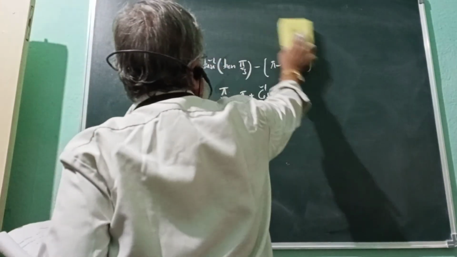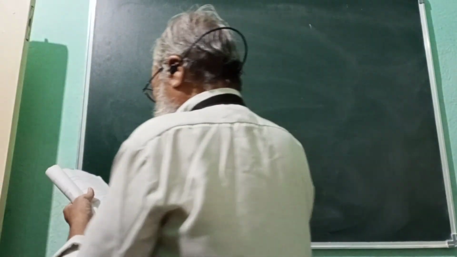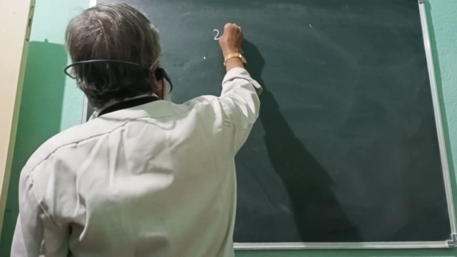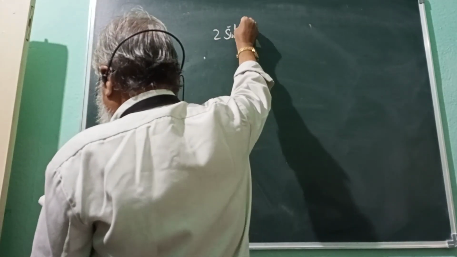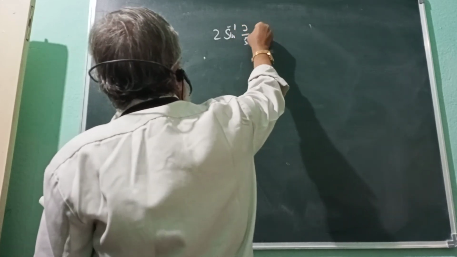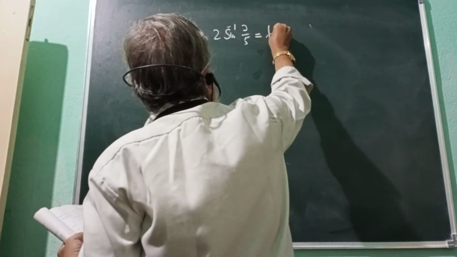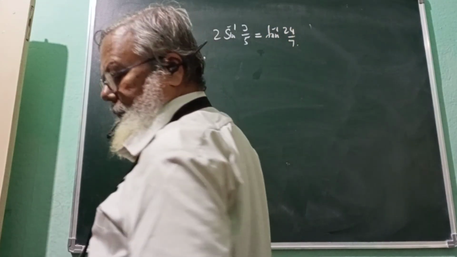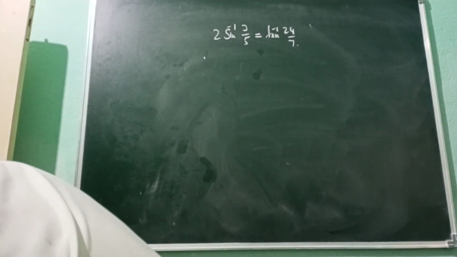Next problem. Prove that 2 sine inverse 3 by 5 is equal to tan inverse of 24 by 7.